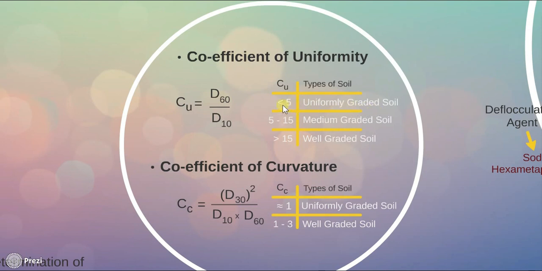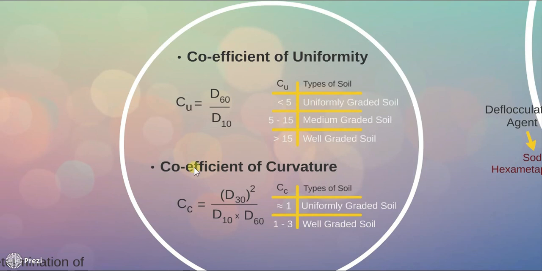If Cu is between 5 to 15, the type of soil will be medium graded soil. And if Cu value is greater than 15, the soil will be well graded soil. So we can also say that the larger the numerical value of Cu, the more is the range of particles.